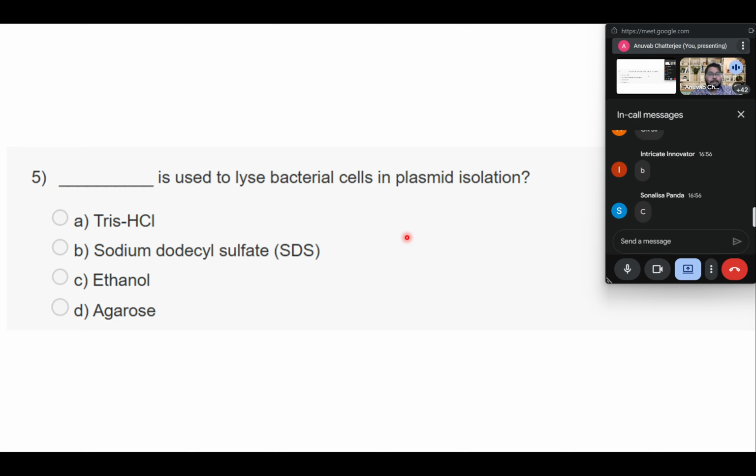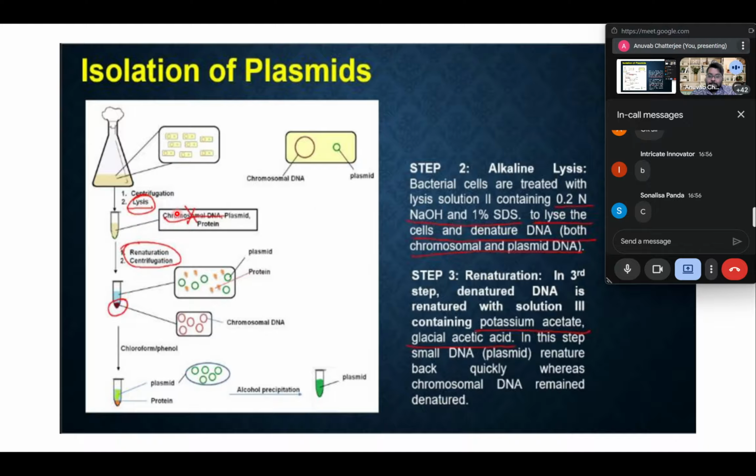And finally, we have talked about precipitation. We have two steps in which we precipitate, which is solution 2, where we do the alkaline lysis and our cell debris and chromosomal DNA precipitate.